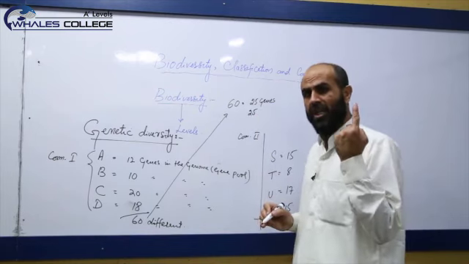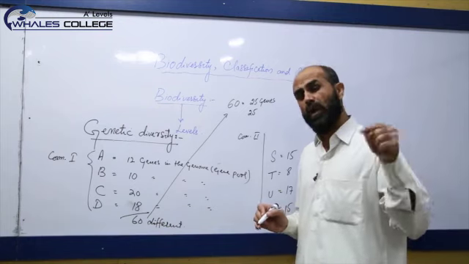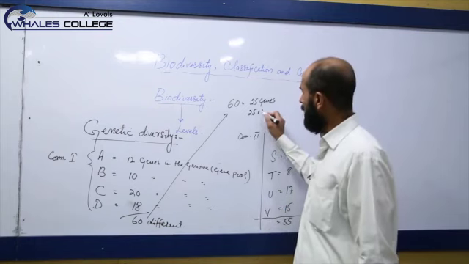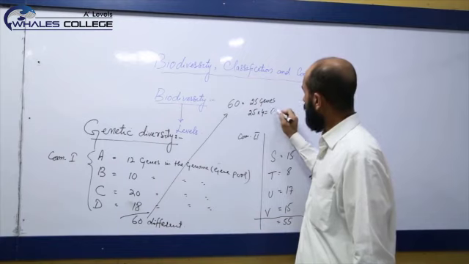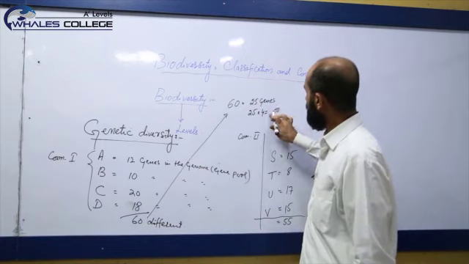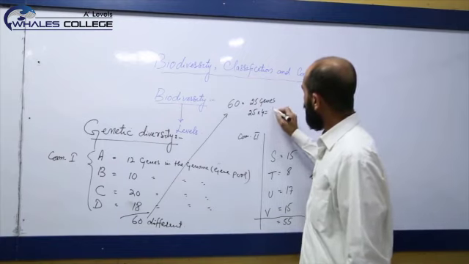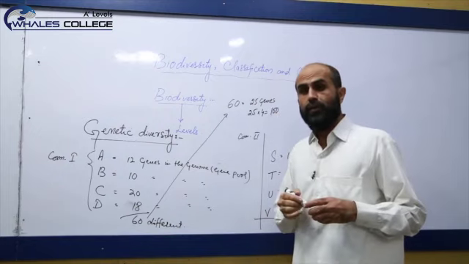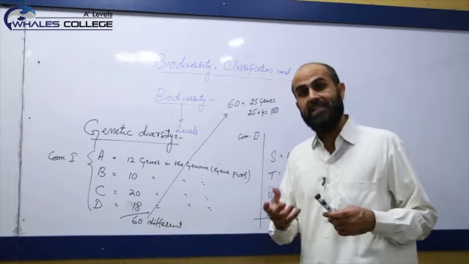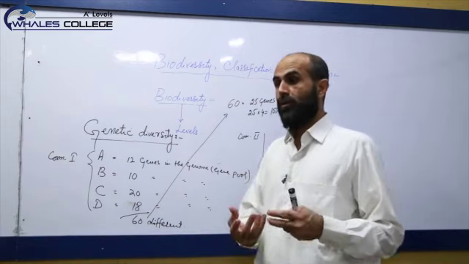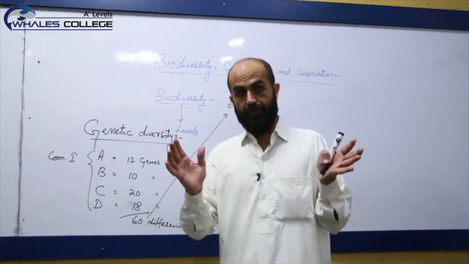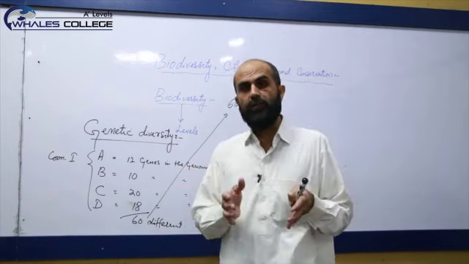One gene has 4 different alleles, and we have 25 genes. So if you multiply by 4, we have 100 different phenotypic expressions. I mean alleles, because an allele is responsible for the phenotypic expression and a gene is responsible for a character.